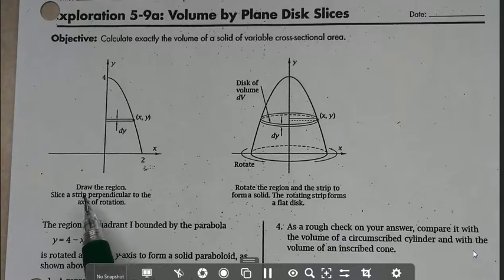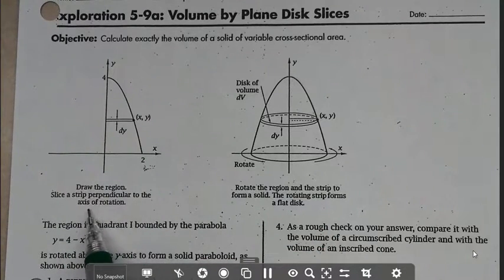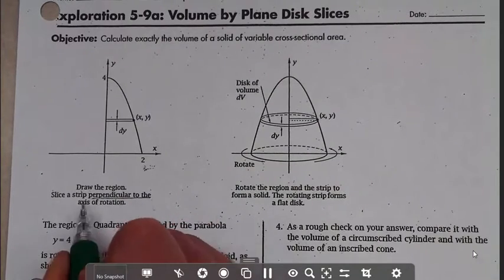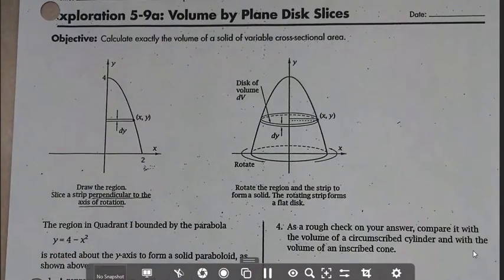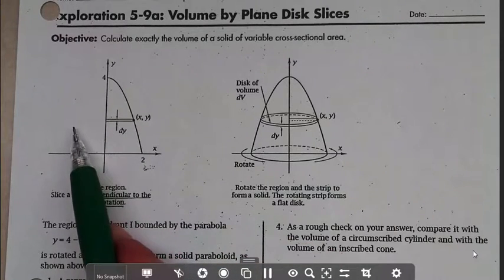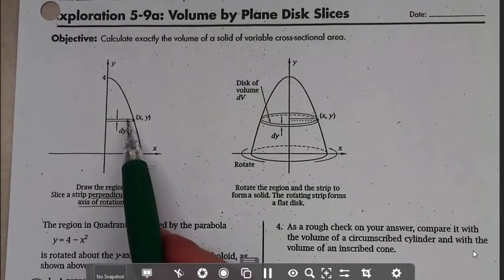So what it's telling us here is we're going to draw a region. We're going to slice a strip that's perpendicular to the axis of rotation, and this is important. If I'm rotating my solid around the y-axis, then it's important that my strip is perpendicular to the y-axis.